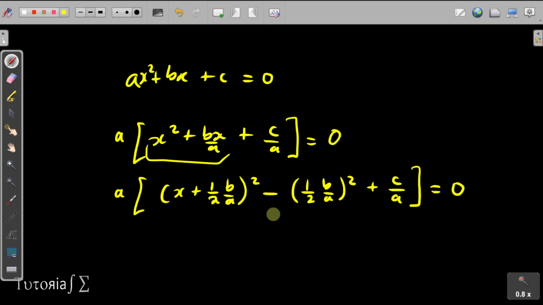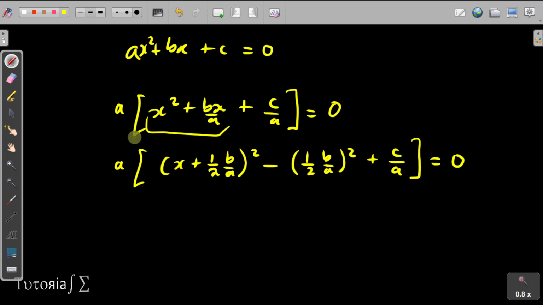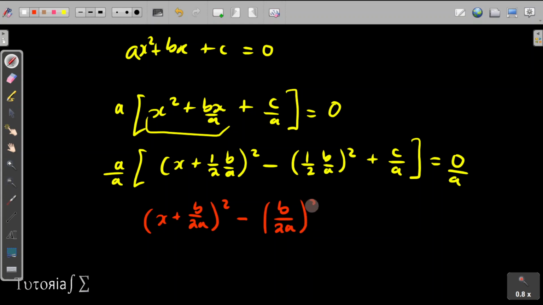to 0. So here we can simplify, dividing everything by a so that we remain with x plus b over 2a squared. This is 1 times b, which is b, and 2 times a, which is 2a, minus b over 2a as well, squared, plus c over a equal to 0.